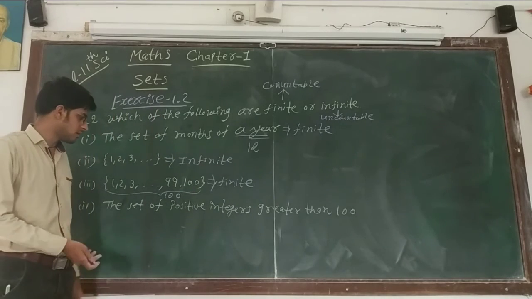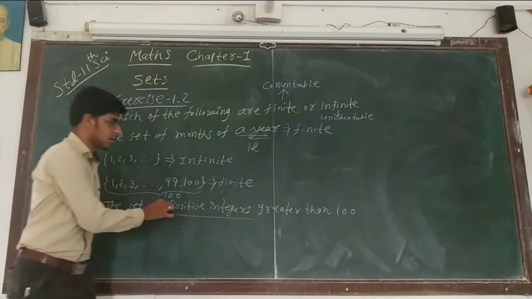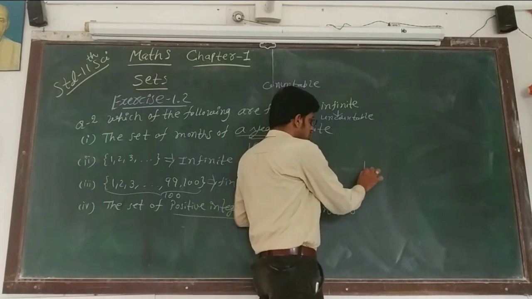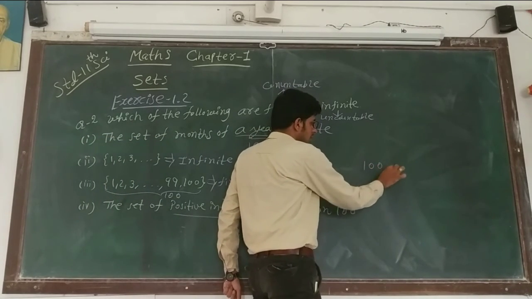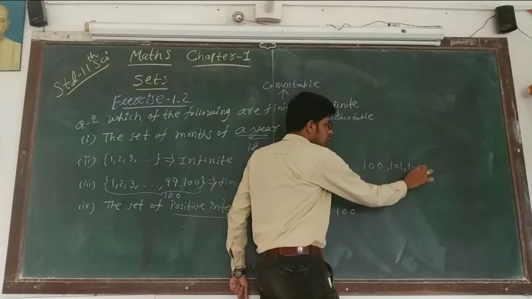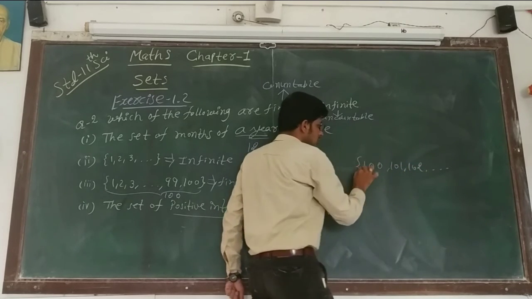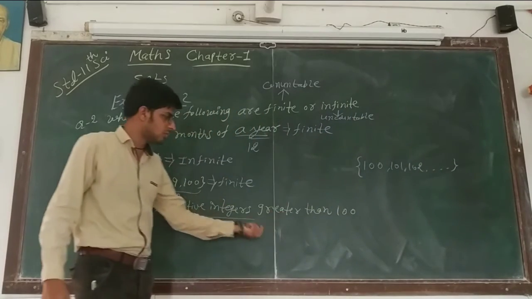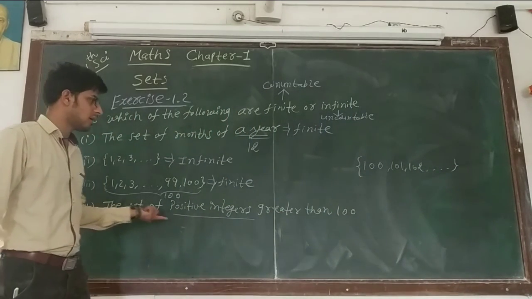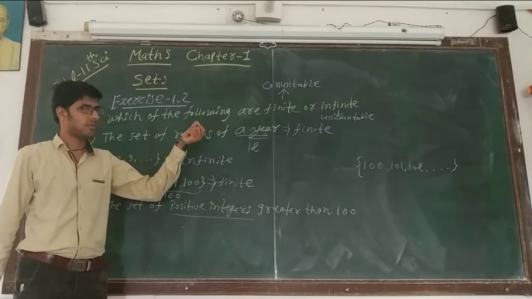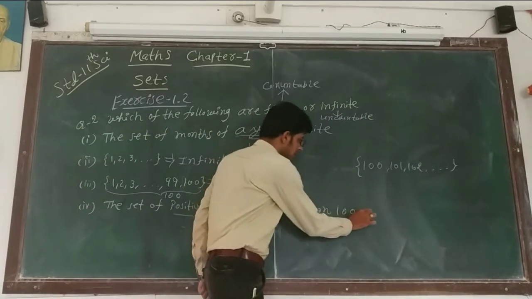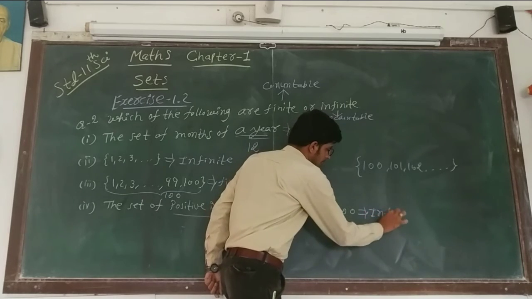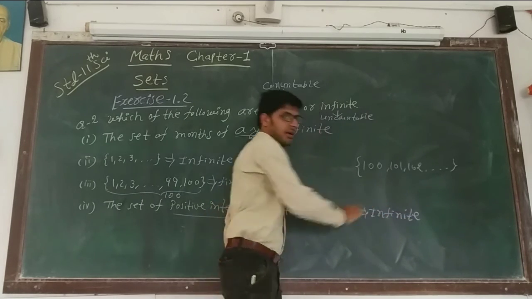So above 100, we start from 100, 101, 102 and so on. So it is not countable, it is uncountable. So the given set is not finite. It is infinite.